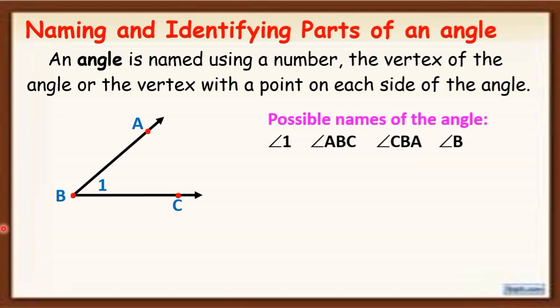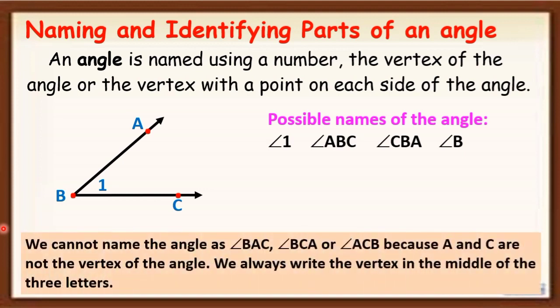As you can see, it is from one point on the side, then the vertex, and then the other point on the side. So that's why we have ABC or CBA. Or we can name the angle using the vertex, which in this angle is vertex B. That's why we call this angle as angle B.